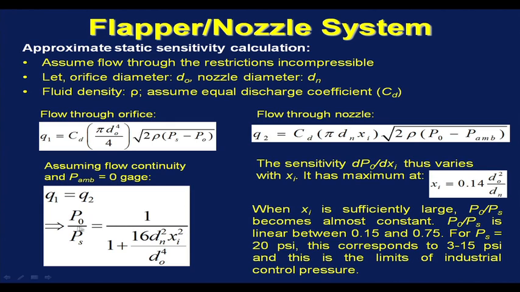Now, P0 is the signal pressure and Ps is the supply pressure. So, P0 by Ps can also be taken as the normalized signal pressure or output pressure.